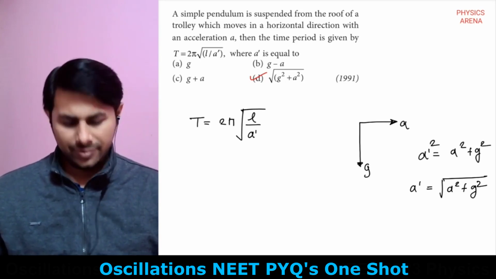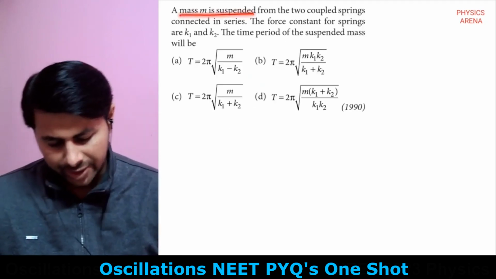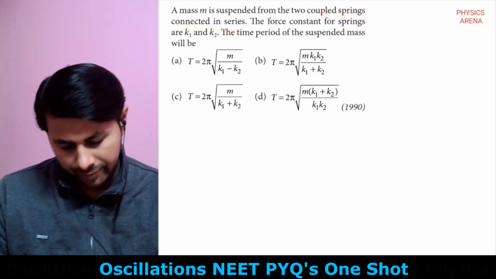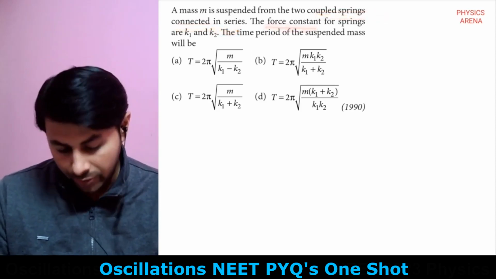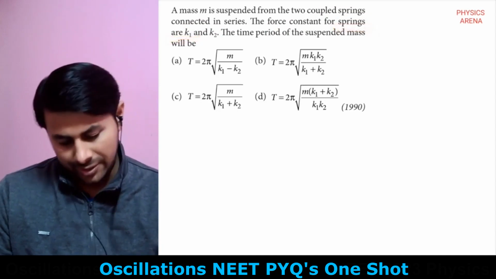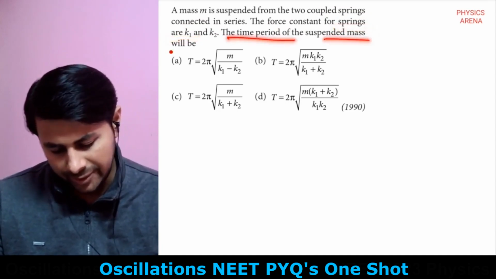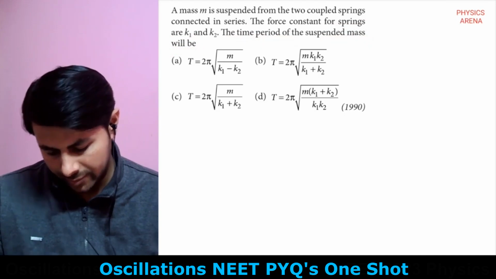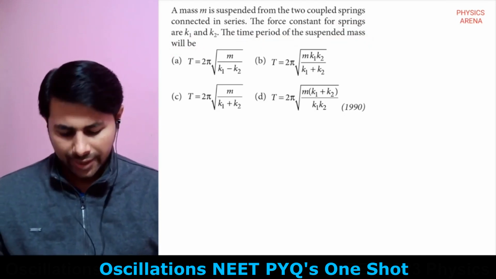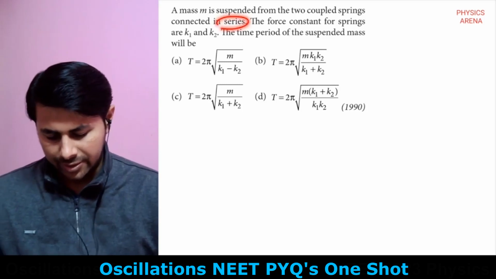This is clear, no? The mass m is suspended from two coupled springs connected in series. The force constants for the springs are K1 and K2. The time period of the suspended mass will be, okay, coupled springs means they are connected in series, it's given.